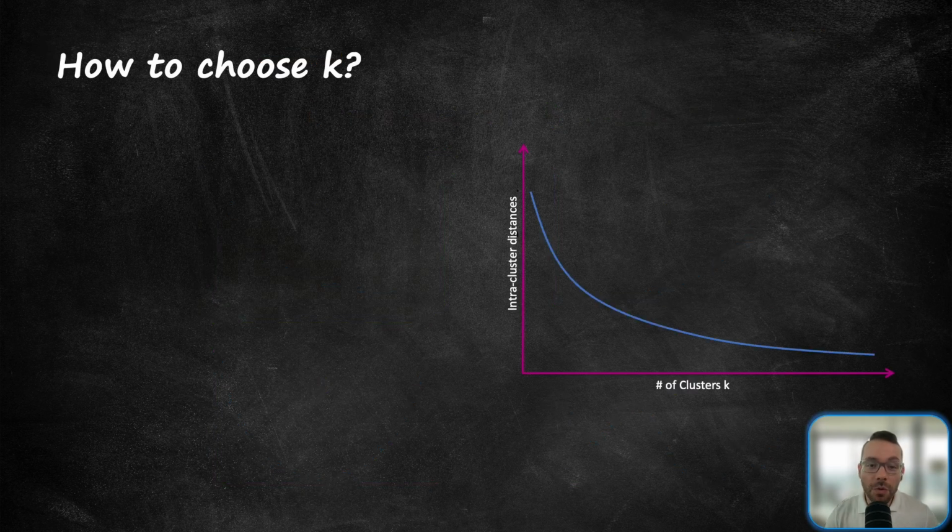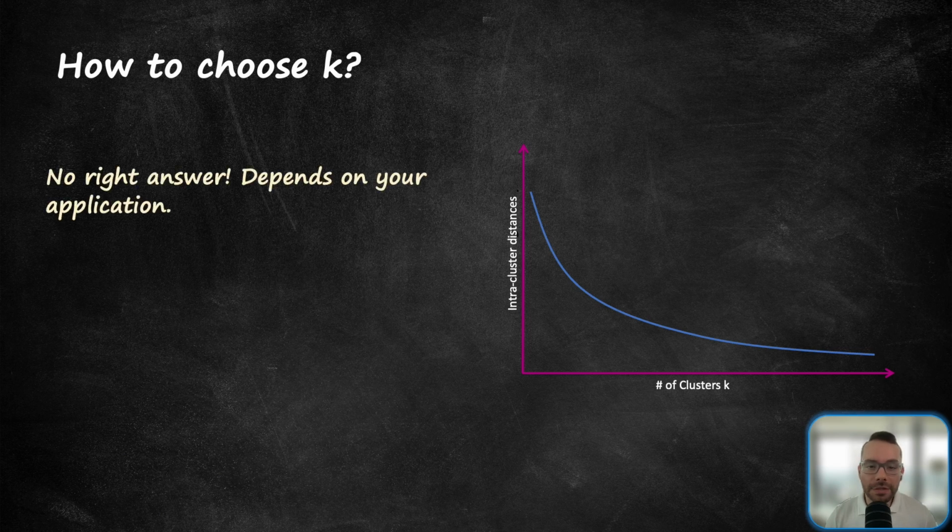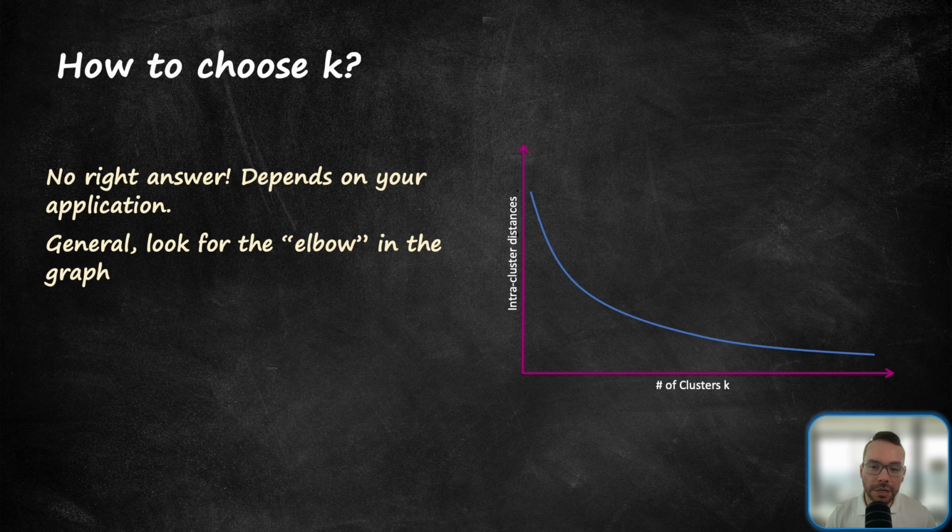Okay, there is no correct answer here, but as we have seen, when you increase the value of k, the intra-cluster distances will decrease. Initially, this is going to be a huge reward. When you increase the value of k, you're going to get a lot of improvement in intra-cluster distances.